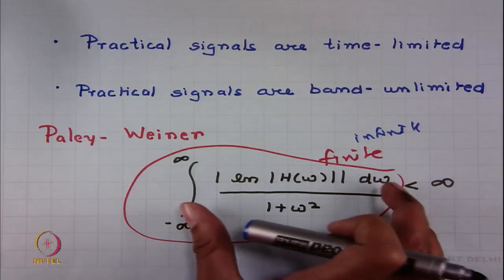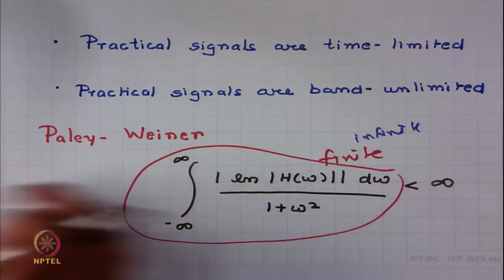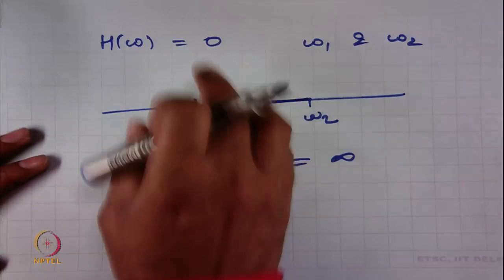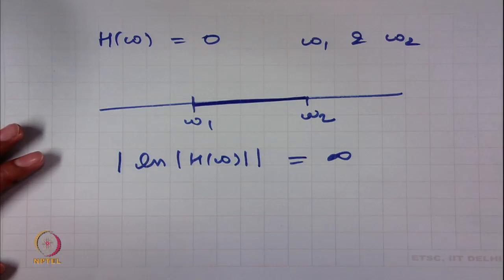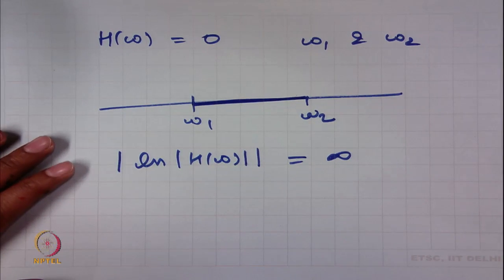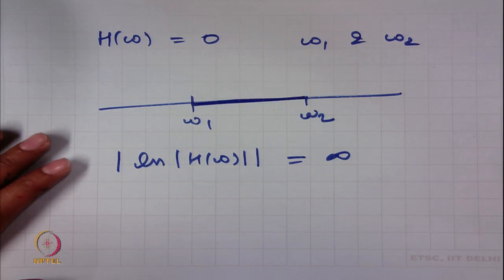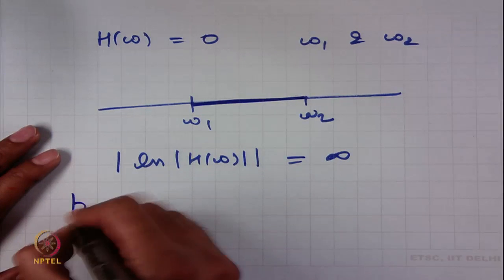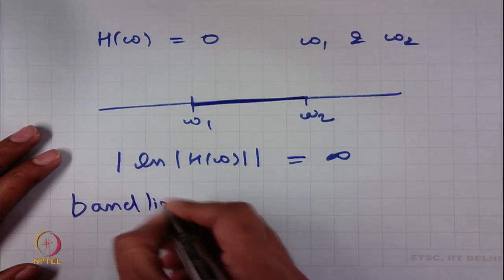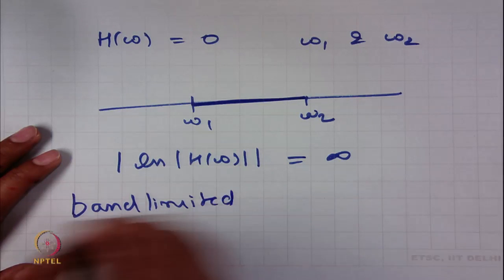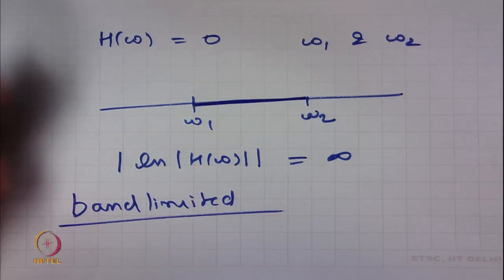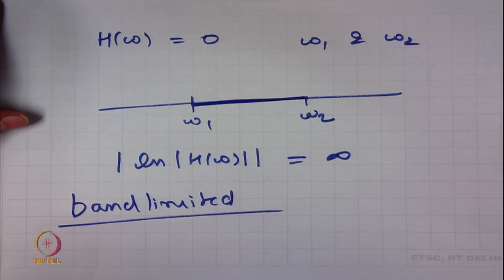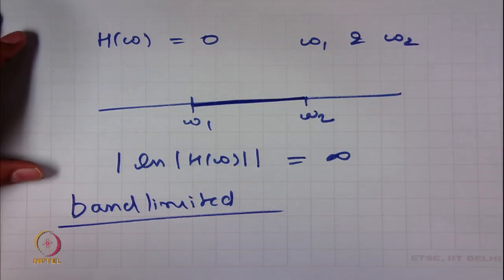Thus for the Paley-Wiener condition to hold, H(omega) cannot be 0 for a continuous range of frequencies, and thus a signal can never be band limited. So, what we are saying is all practical signals need to be band unlimited and time limited.